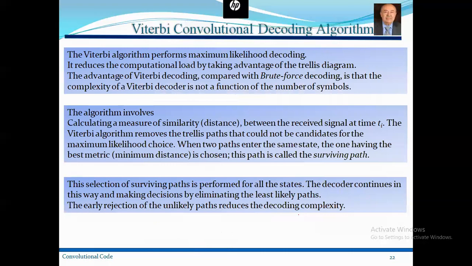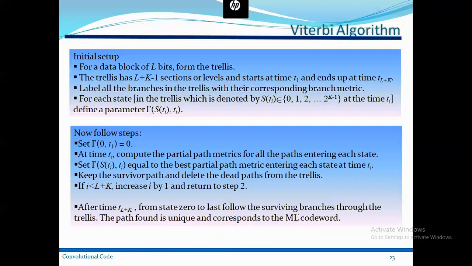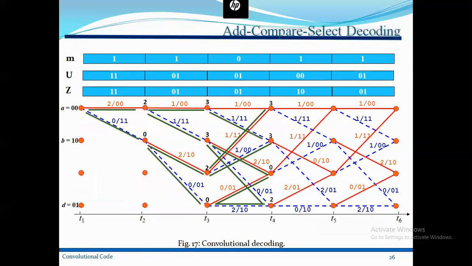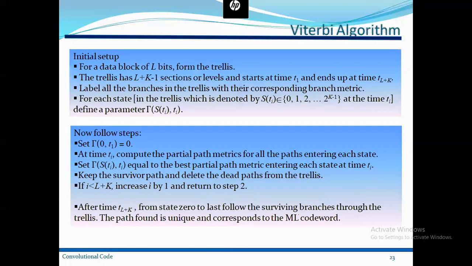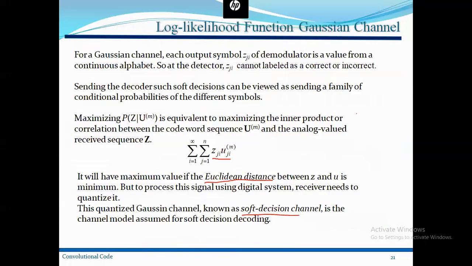If we just see here, the log likelihood function of this conditional probability will be the summation of the product of these two sequences.